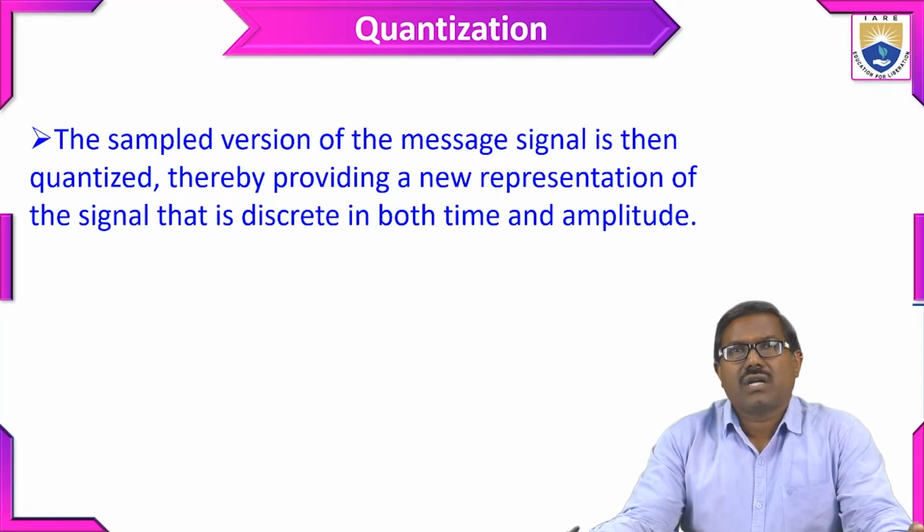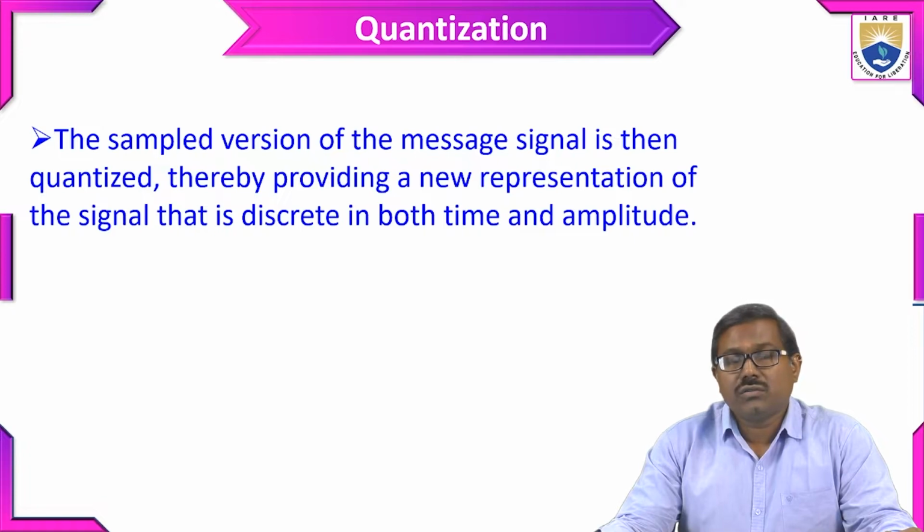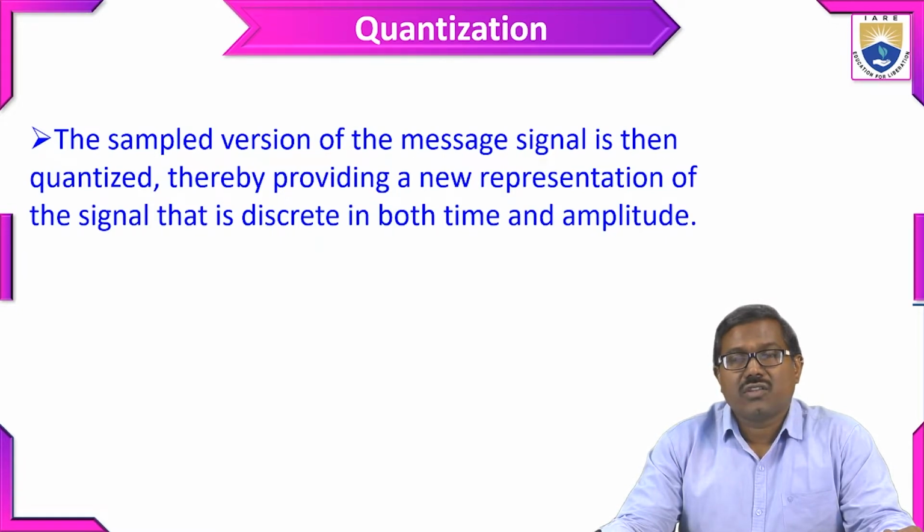First, quantization. The sampled version of the message signal is then quantized, thereby providing a new representation of a signal that is discrete in both time and amplitude. Before going to quantization, let us remember PCM. In PCM, we have three important blocks: the transmitter, the regenerative repeater, and the receiver.